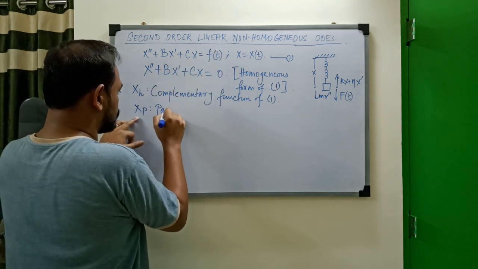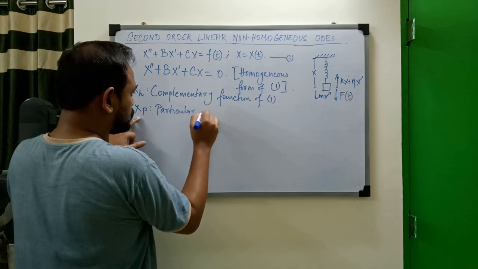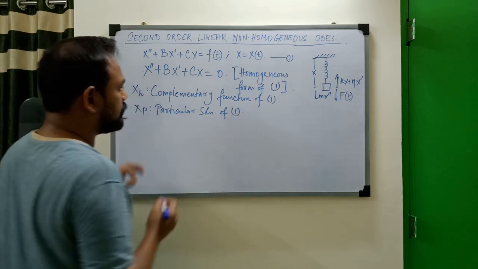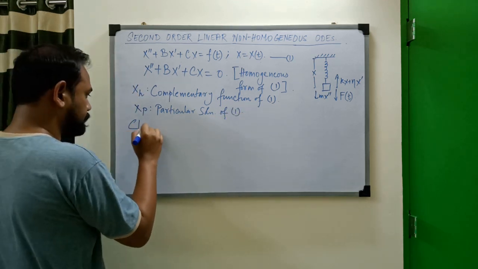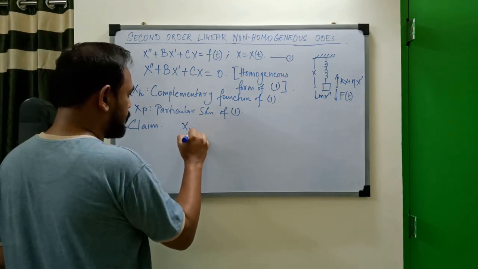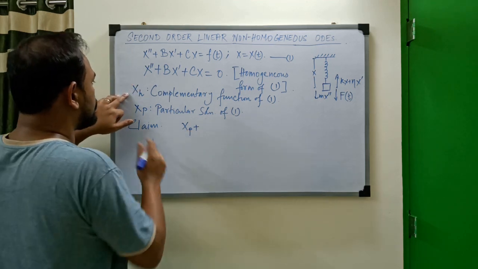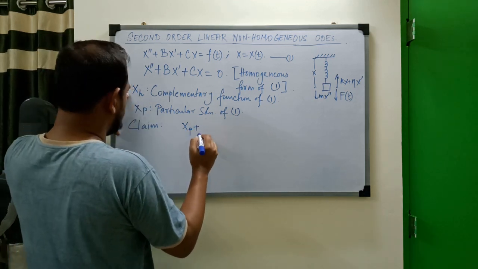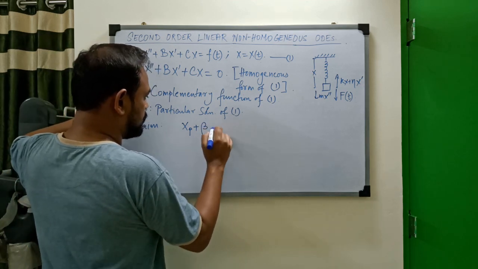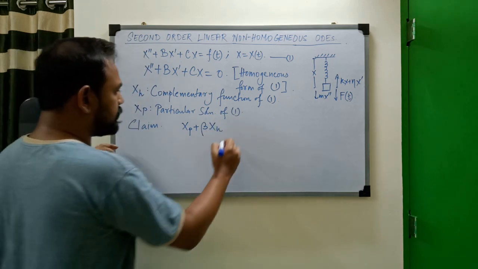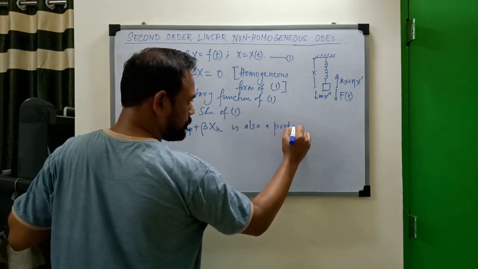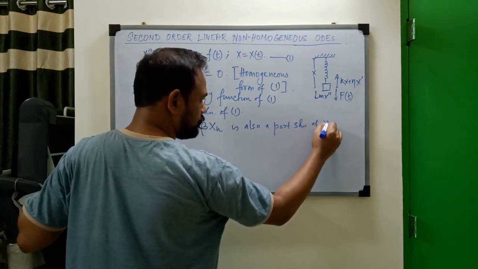So if this is a particular solution of 1, then I claim that xp plus, well, you can add some weight, beta times xh, is also a particular solution of 1.